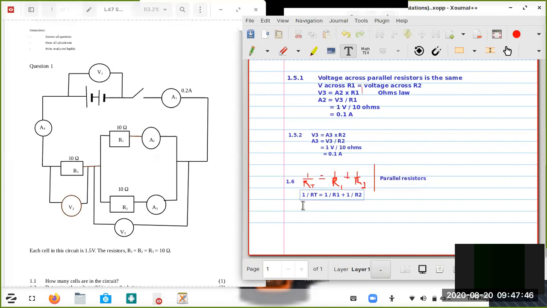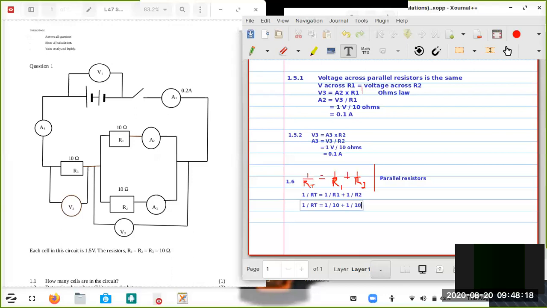So 1 divided by R total is equal to, I'm going to substitute now. Resistor number 1 is 10 ohms, 1 divided by 10 ohms, and resistor number 2 is also 10 ohms.